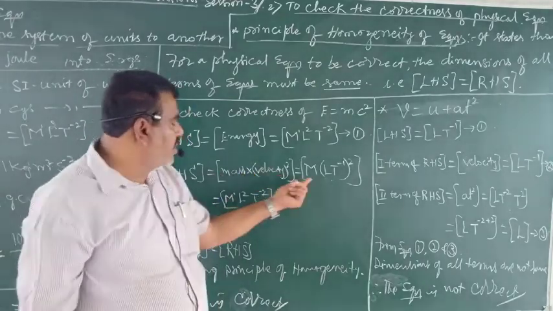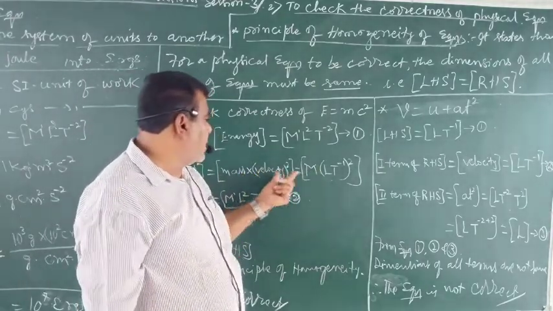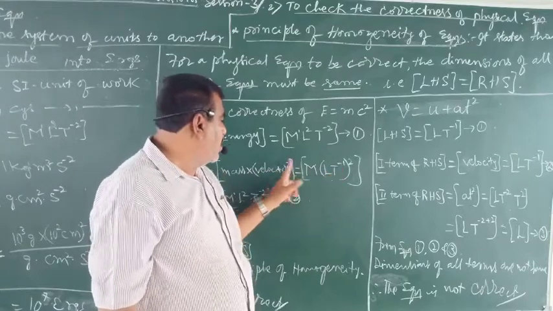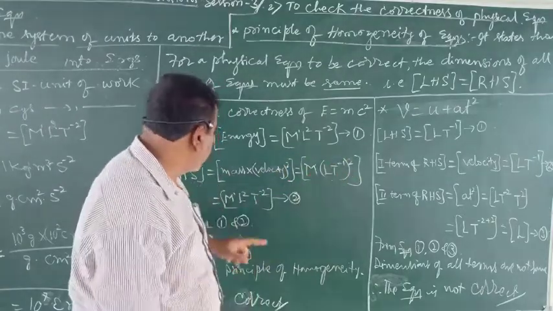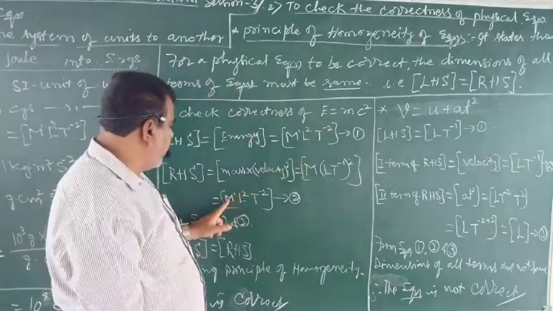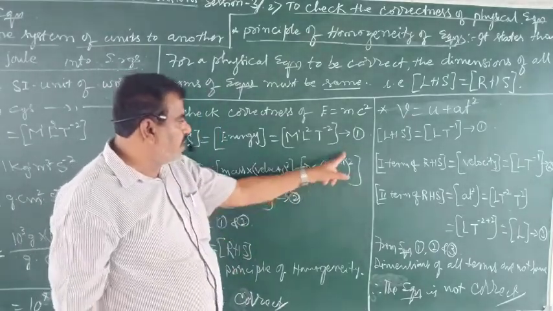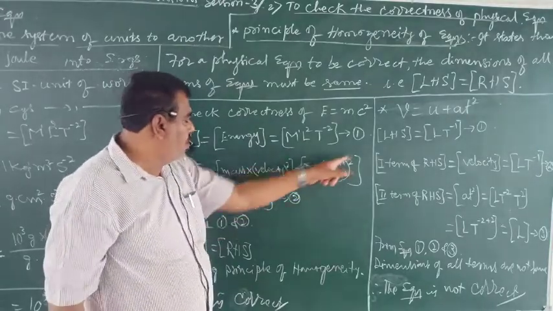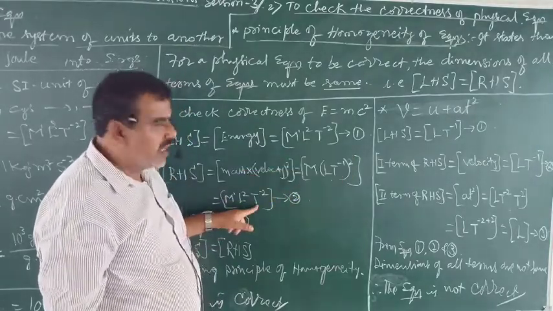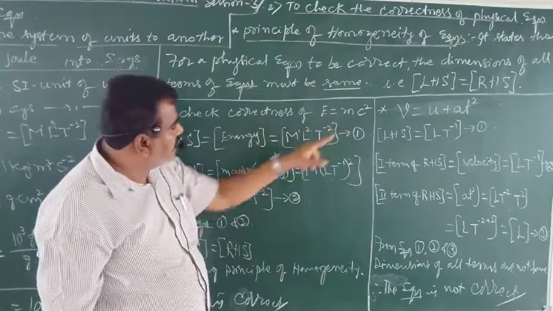The dimensional formula of mass is M. Velocity is L T minus 1 whole square. If you simplify this further, this is M power 1. Thus, if we apply laws of indices, L square T minus 2. Now you observe equation 1 and 2.